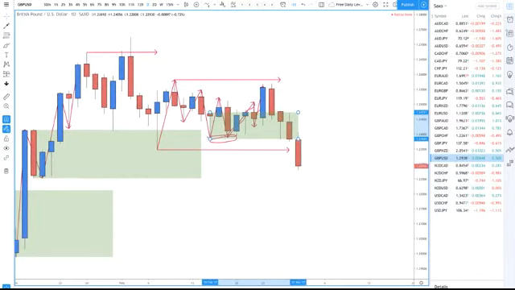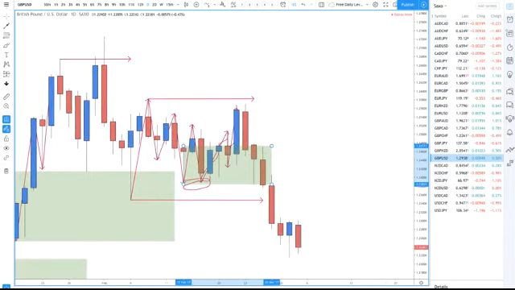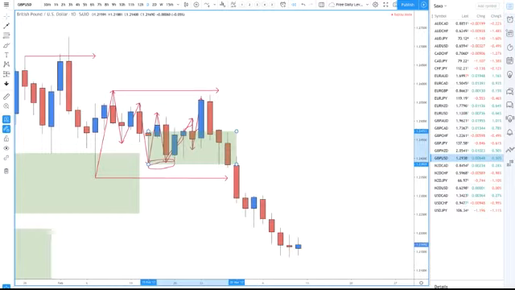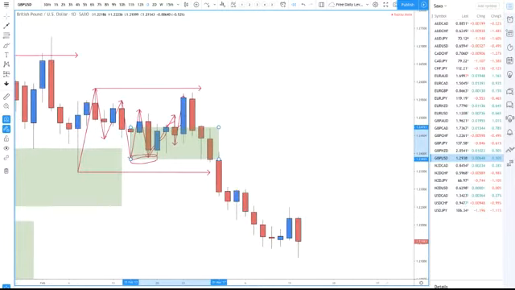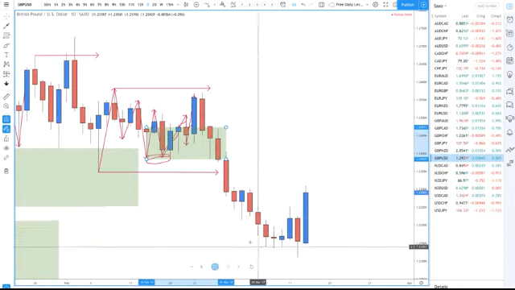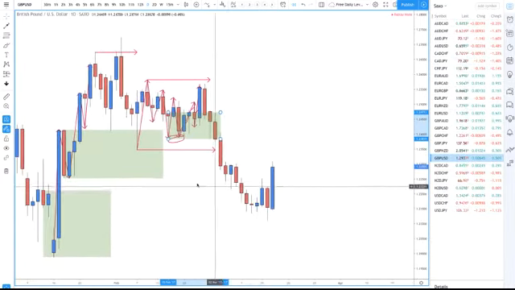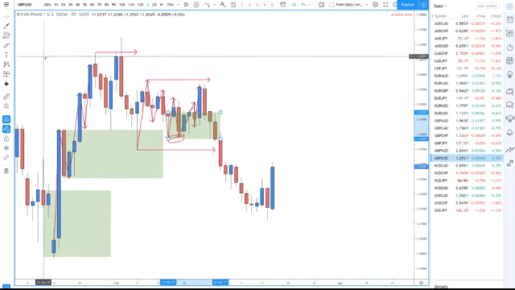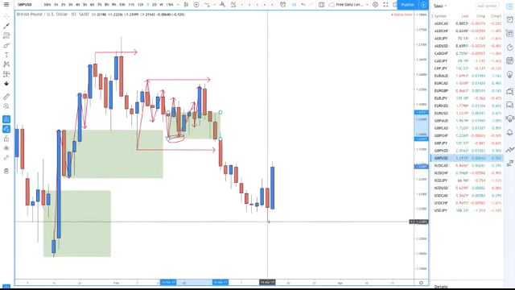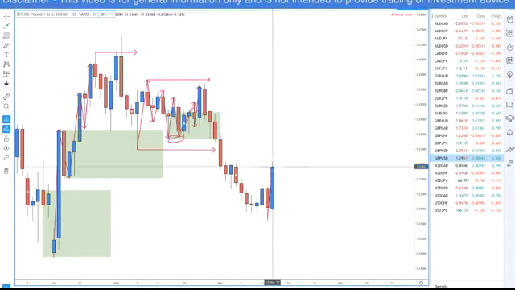And then we get a break of that. So now we're looking for higher highs, higher lows. Still looking for higher highs, higher lows. We get a bit of a move up. So in this example, what we have is a low here, and we get a move higher.